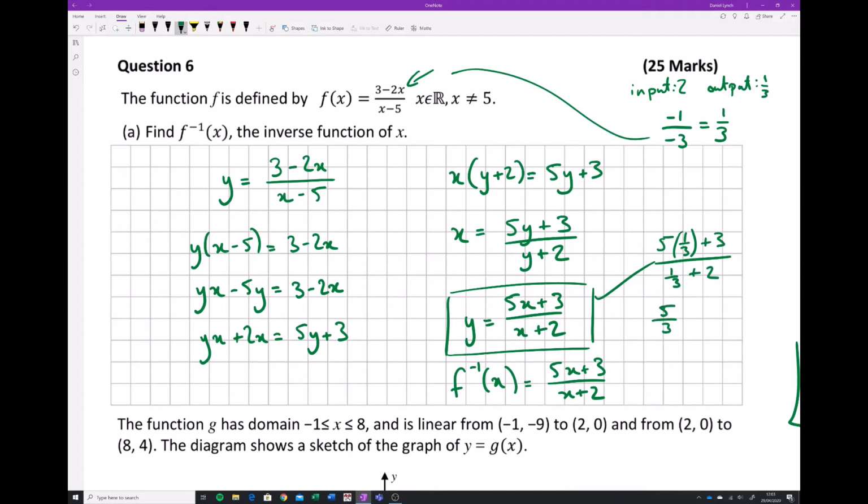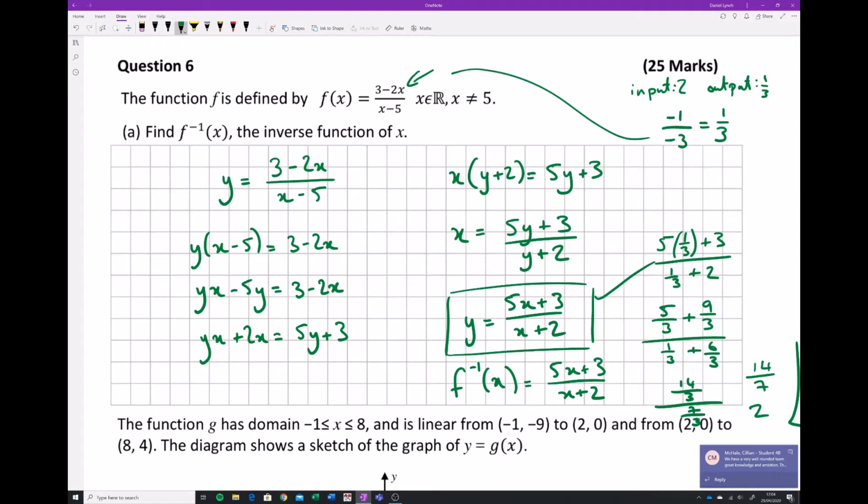So we have 5/3 plus 9/3 over 1/3 plus 6/3. How many thirds is that? That's 14/3 over 7/3. If we multiply top and bottom by 3, that's 14 over 7. That's 2.